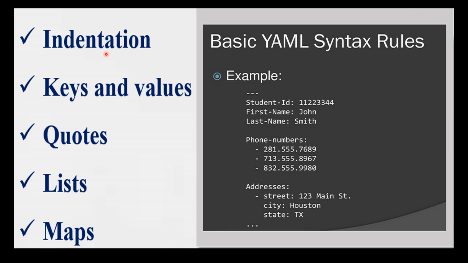A YAML file consists of key value pairs where each key is followed by a colon and its corresponding value. Then it has quotes. YAML uses quotes to enclose string values. Single or double quotes can be used interchangeably. Then it has lists. YAML represents lists using a hyphen followed by the indented list item. Then it has maps. YAML represents maps or key value pairs using a colon.